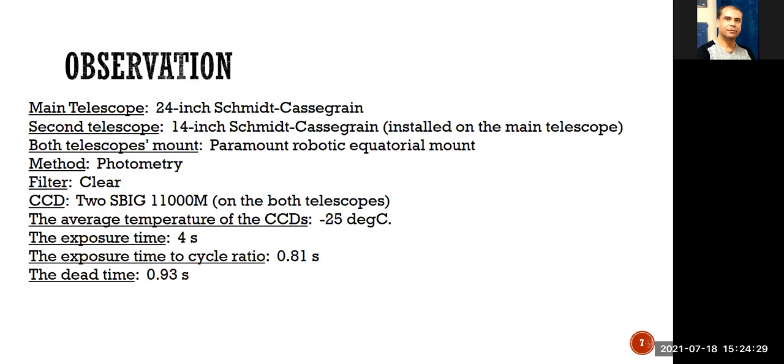And two CCD cameras were on both telescopes. The average temperature of the CCD during the observation was -25 centigrade. The exposure time was about 4 seconds. The exposure time to cycle ratio is 0.81 seconds, and the dead time is 0.93 seconds.